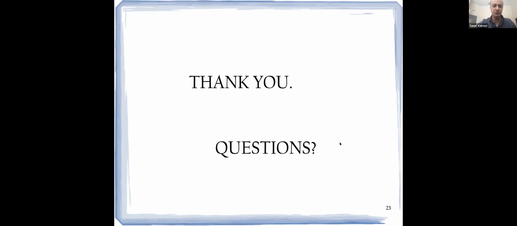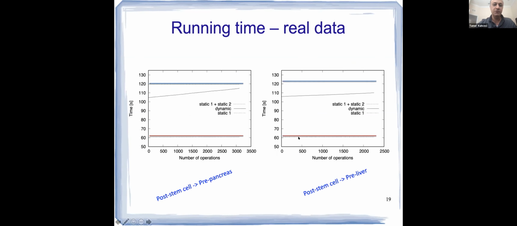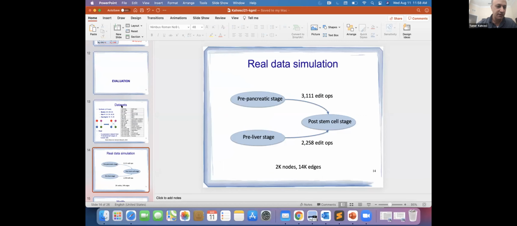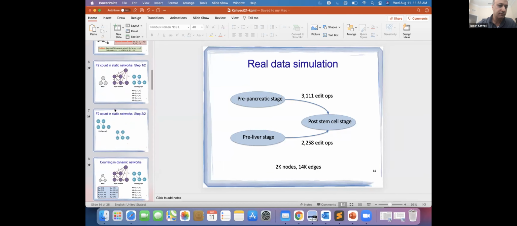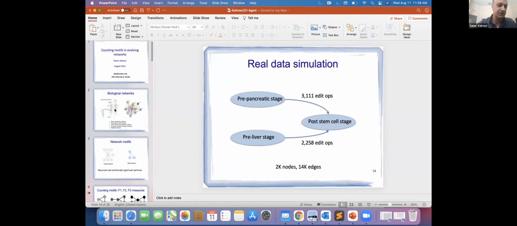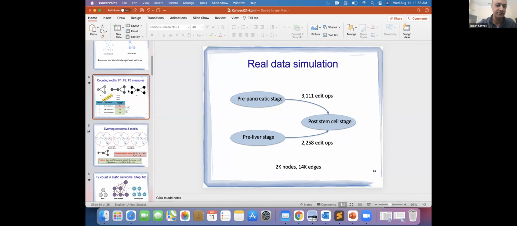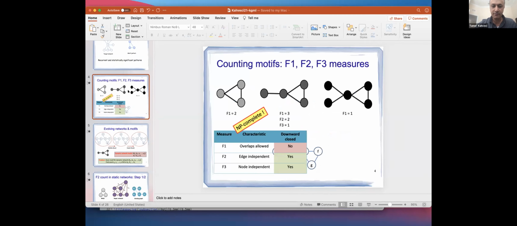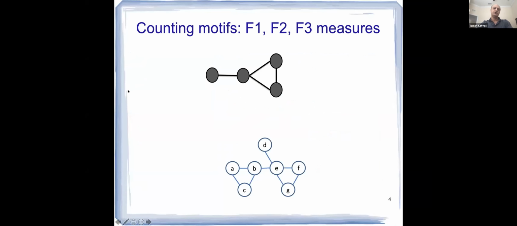I need to go back to the motif topology. Let's go back to this example. Assume that this is a system with a limited resource. These are gene products, and you have a limited product.